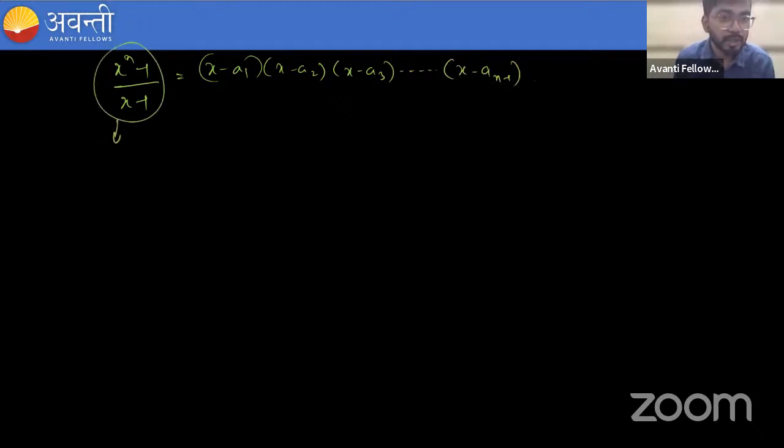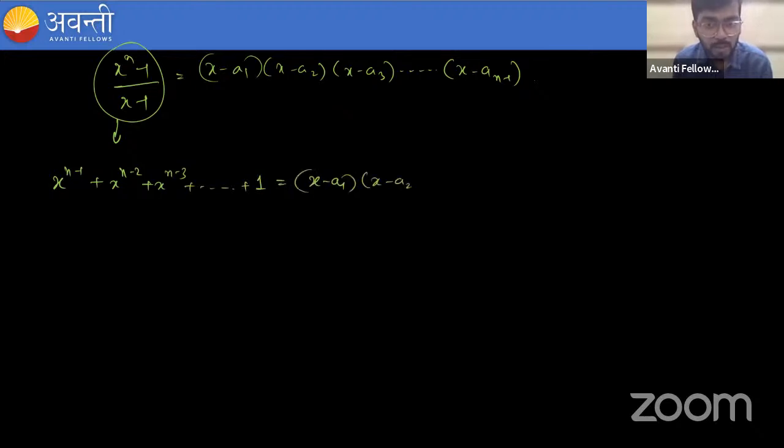I am substituting that sum of GP here. This will become x power n minus 1 plus x power n minus 2 plus x power n minus 3 and so on up to 1 equal to x minus a1 into x minus a2 into x minus a3 dot dot dot up to x minus a n minus 1, right?